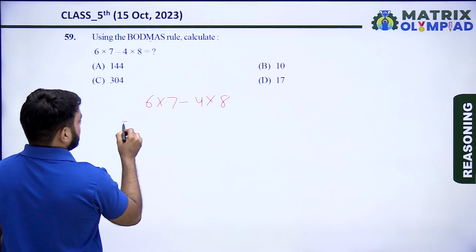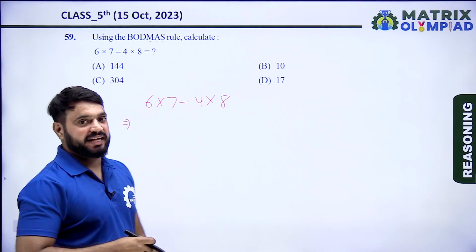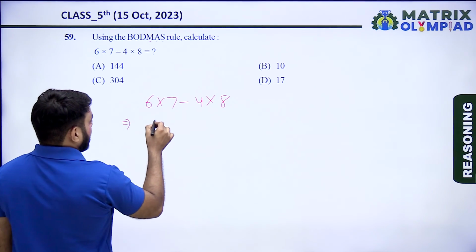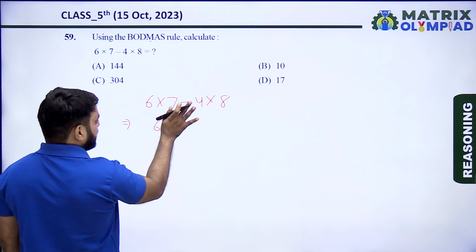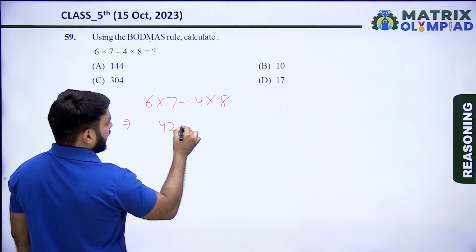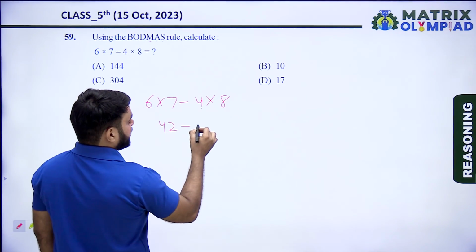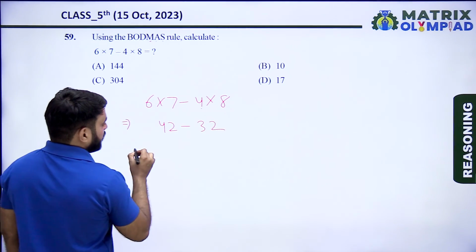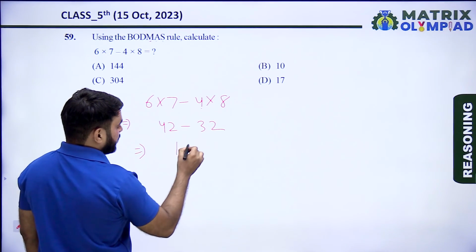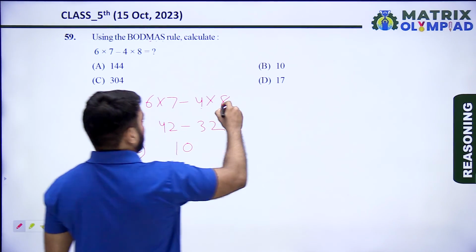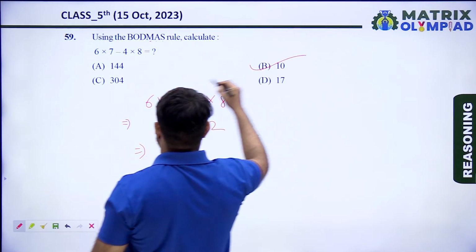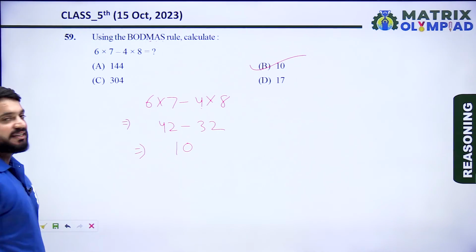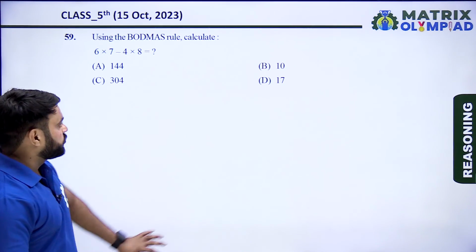First multiply the numbers, then subtract. 6 into 7 is 42, minus 4 into 8 which is 32. So 42 minus 32 is 10. So 10 is the value of the given expression. It means option B is the correct answer. So let's move on to the next question.